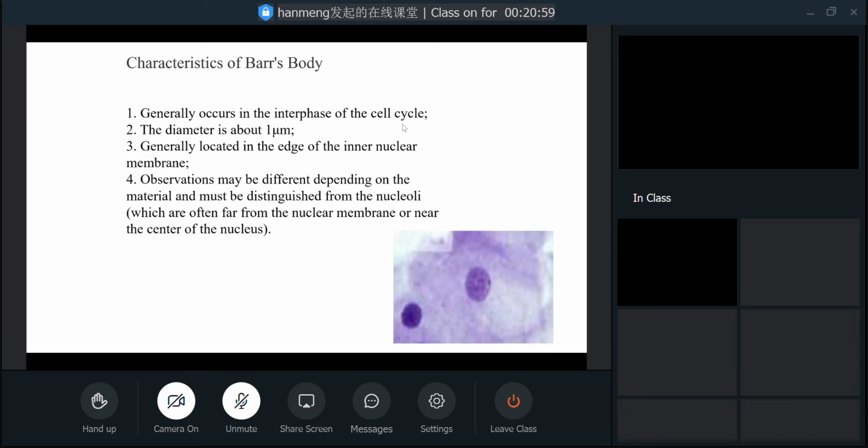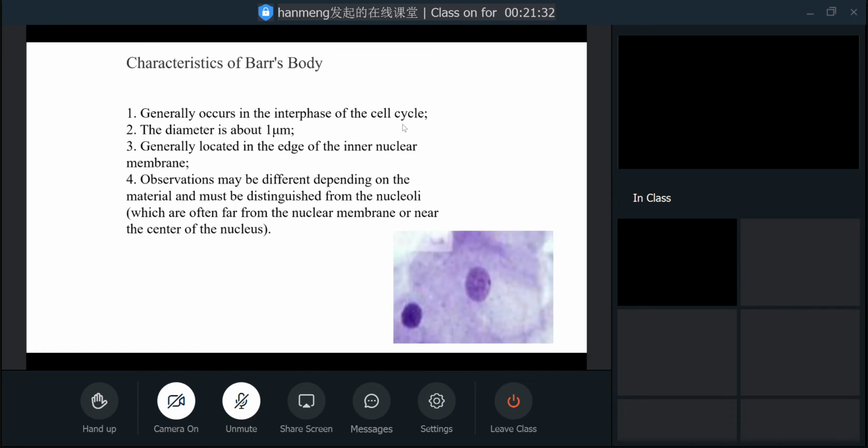But because some other cells will be in the mitosis phase of the cell cycle, even in a normal female cell, we may not observe the Barr body.